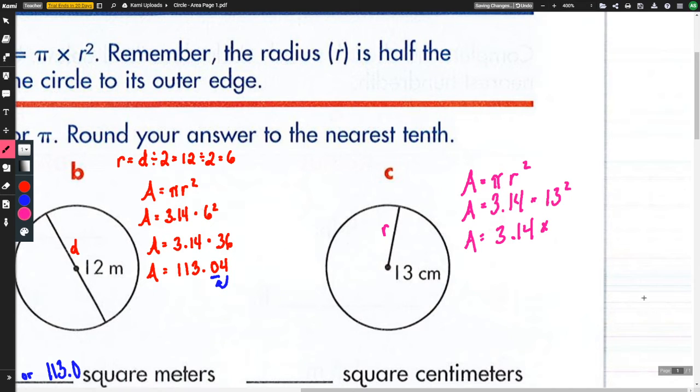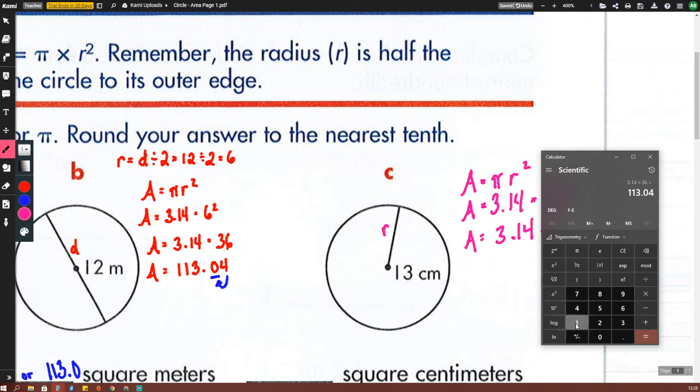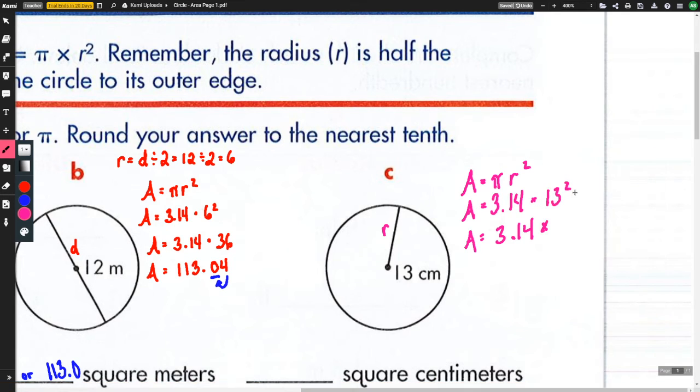Getting out my calculator so I know what 13 squared is. I can either do 13 times 13 or I can do this x squared. Gets me 169.